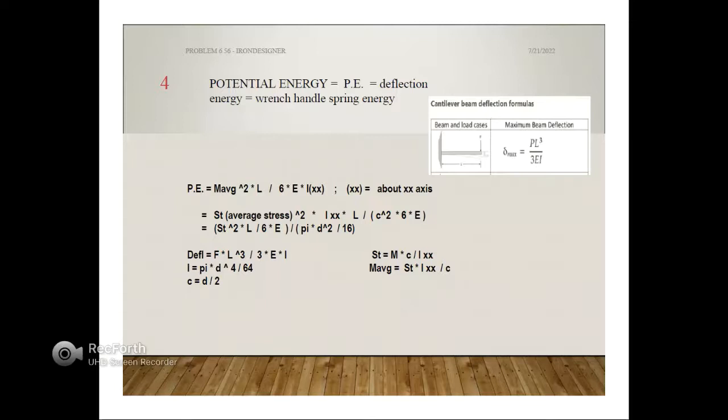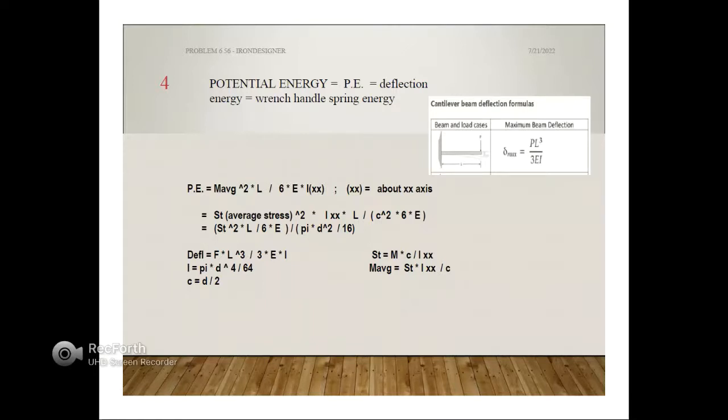It's the average moment squared times L divided by 6EI, where XX is about the x-axis through the center neck of the wrench.